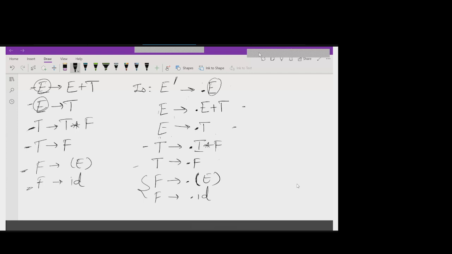And this one also has ID, which is again a terminal symbol. Terminal symbols are non-expandable, so here also you are not going to expand. So this is your I0 set, and this set will be called the I0 set. Is this I0 set clear to you?